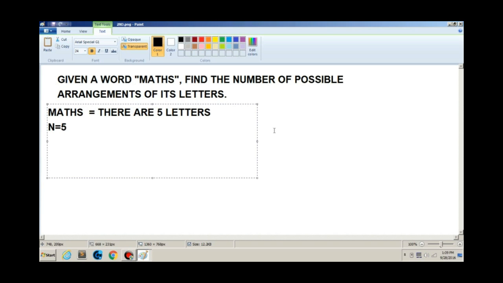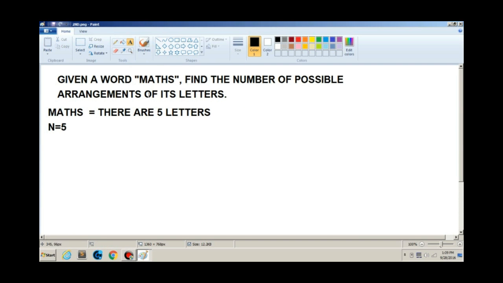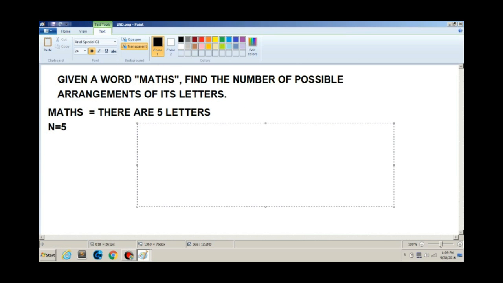So now let's solve this using the second formula. P of n and n is equal to n factorial over n minus n factorial.